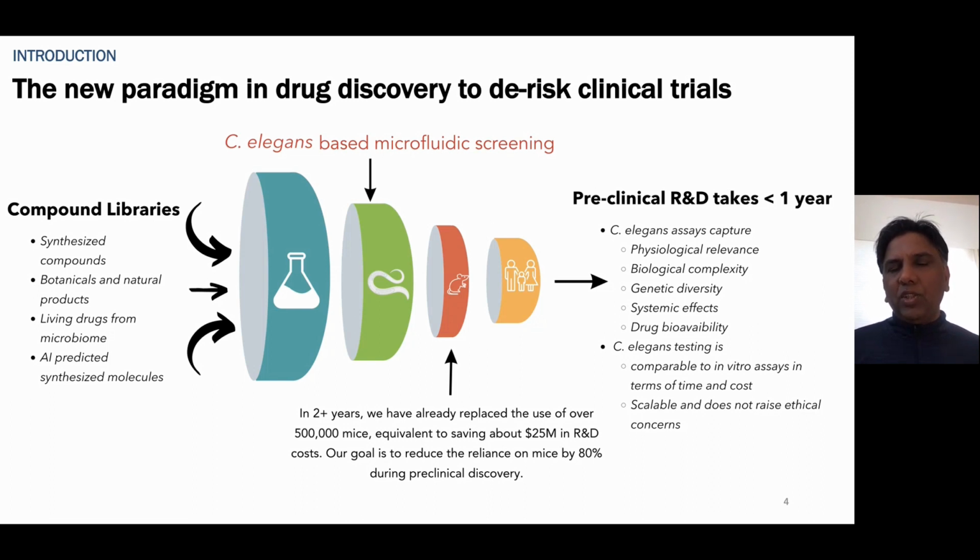In fact, in the startup over the last 2+ years, we have already replaced the use of 500,000 mice because our partners have chosen to do high throughput screening in C. elegans, and that has led to enormous savings in R&D costs.